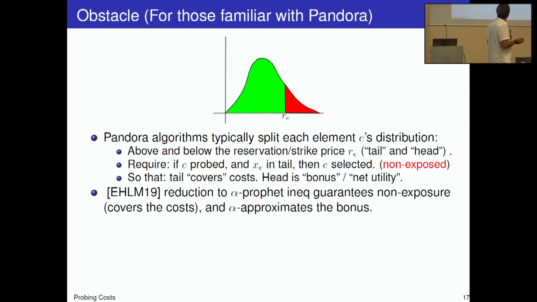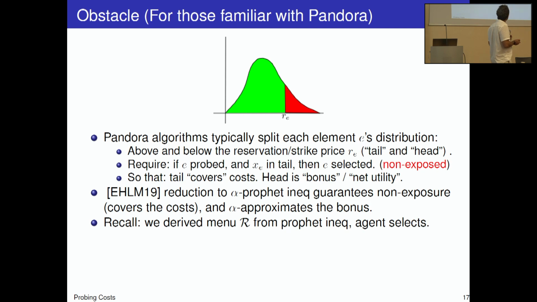Now, the reduction of this nice paper to profit inequalities guarantees non-exposure, as is often required to get results, and alpha approximates the green contribution. That's how it gets the alpha approximation. Now, we could use that to derive a menu, the way we've talked about before, and see what happens.